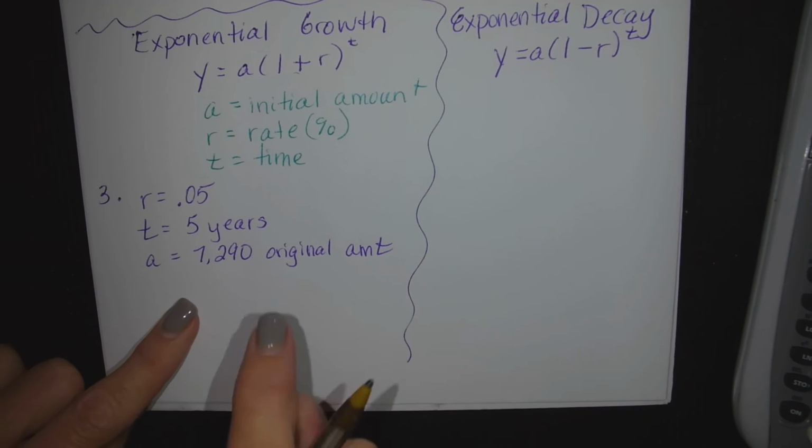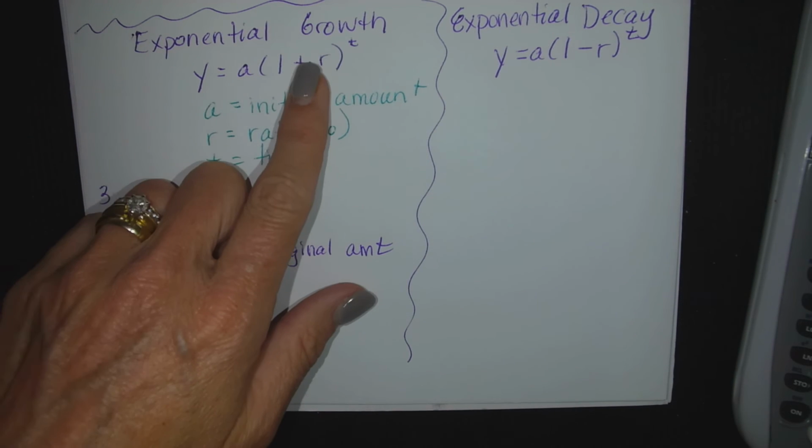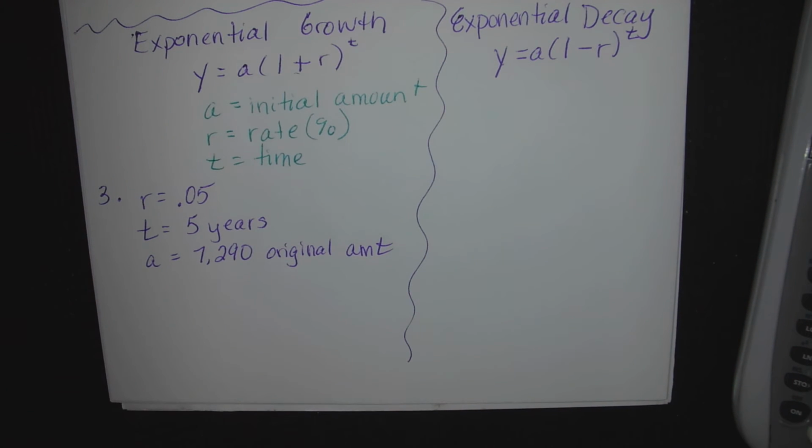And now you just plug it in. Okay, how do I know, is this growth or decay? Are we increasing our markets or decreasing? Increasing, so we are doing growth. Okay, key words here. So use your formula.